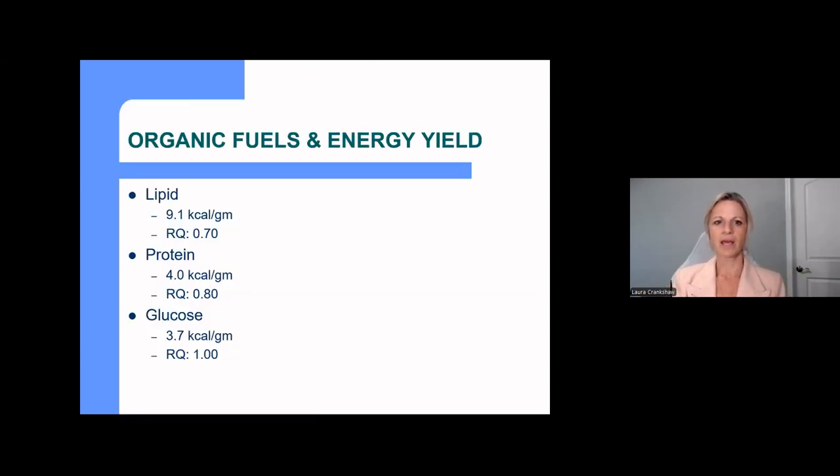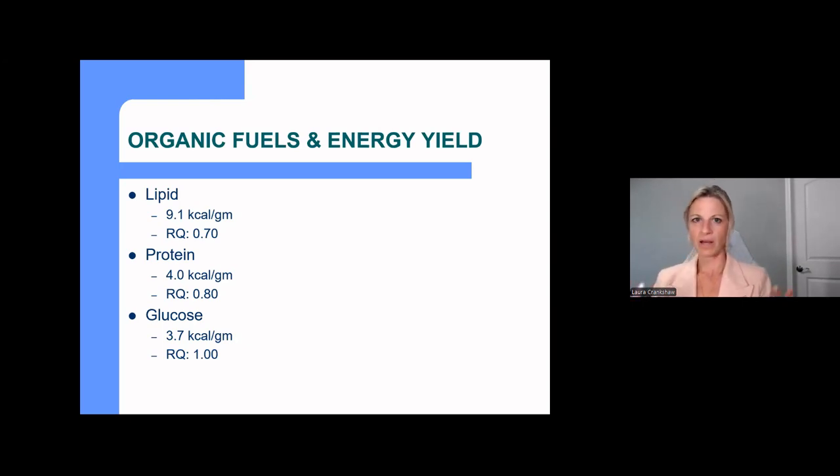All right. So starting by looking at organic fuels and energy yield, there's three main macronutrients that we get energy from: lipids, proteins, and glucose. So our fats, our proteins, and our carbs. Essentially, each of these substrates contains a certain amount of energy, listed here: 9 kilocalories per gram for fat, 4 kilocalories per gram for protein, and a little over 3.5 kilocalories per gram of glucose.